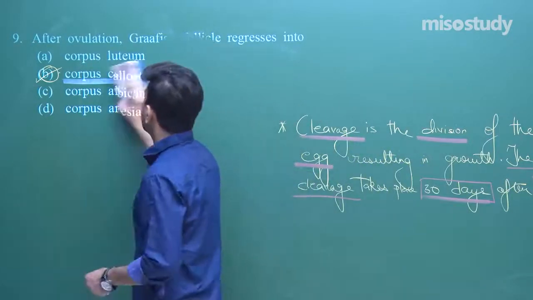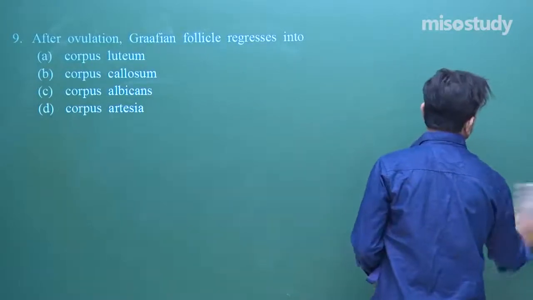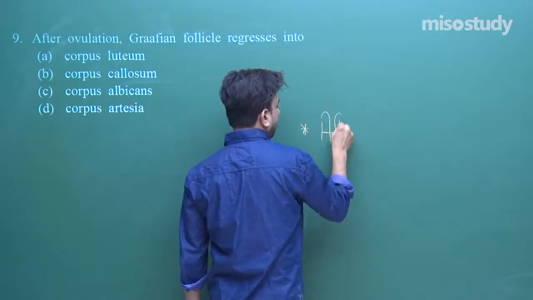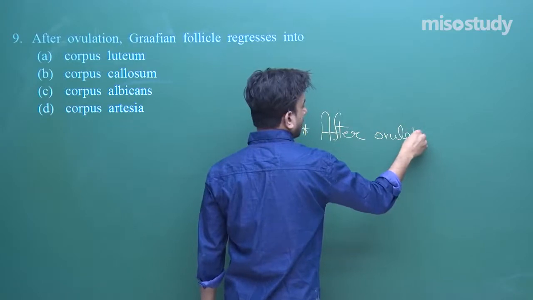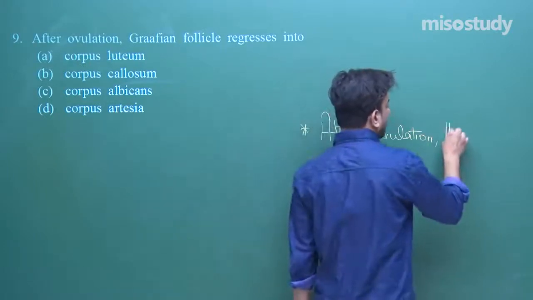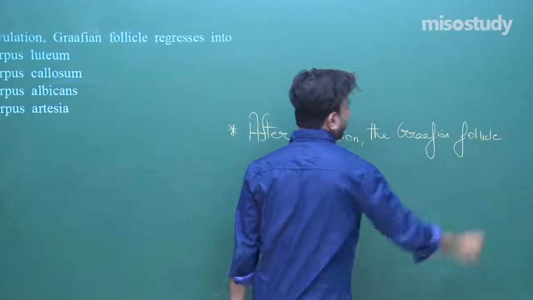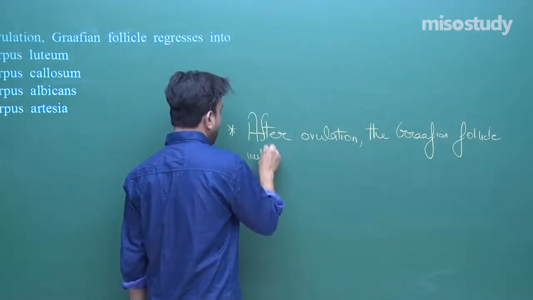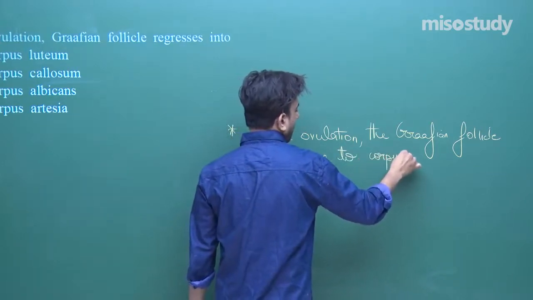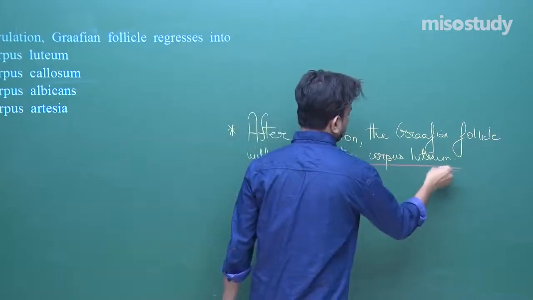After ovulation, the Graafian follicle will regress to the corpus luteum, right?